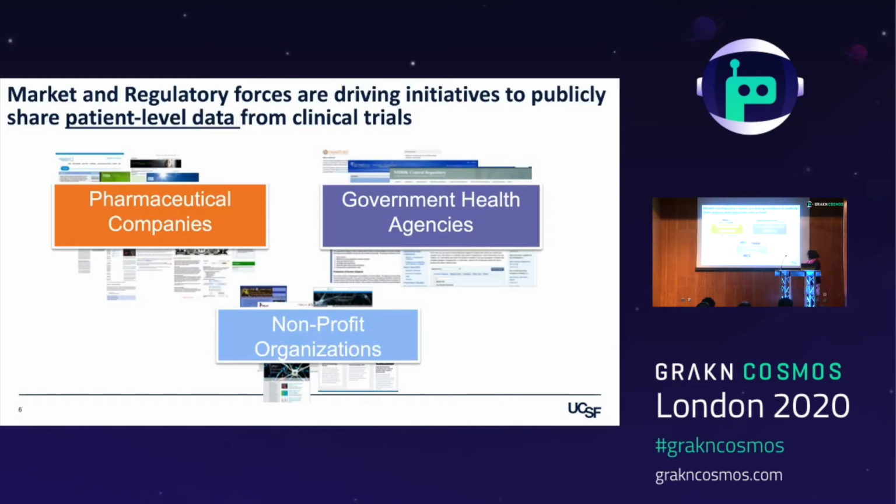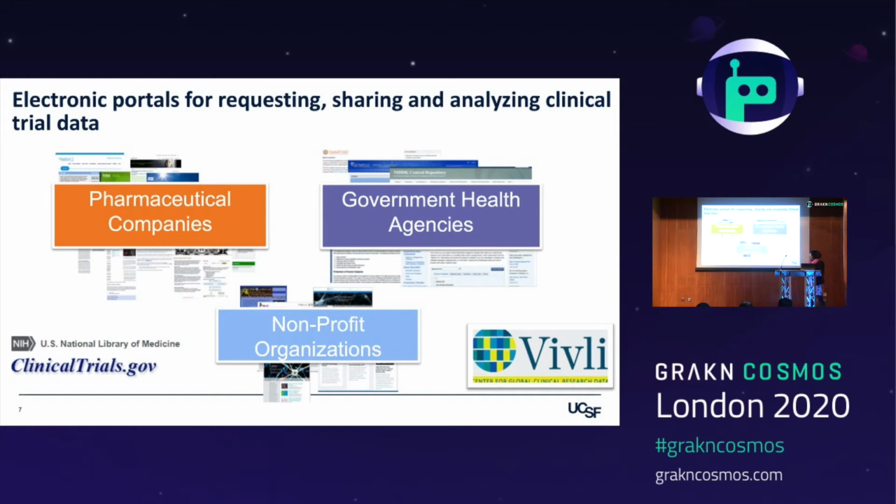Market and regulatory forces are driving these initiatives to publicly share patient-level data from clinical trials, and there are entities like pharmaceutical companies, government health agencies, and nonprofit organizations. On the other hand, electronic portals are also being built for requesting, sharing, and analyzing clinical trials data.